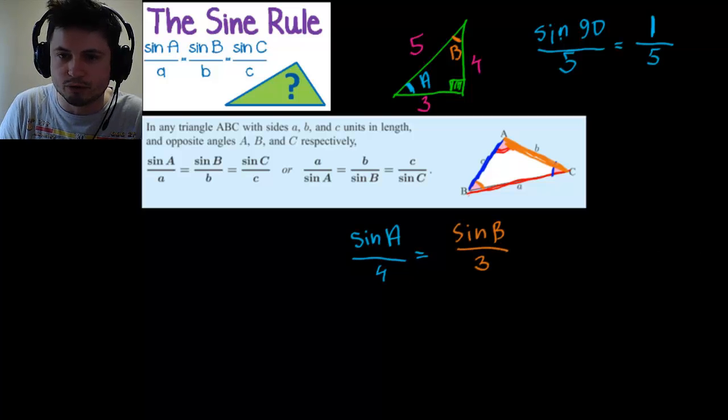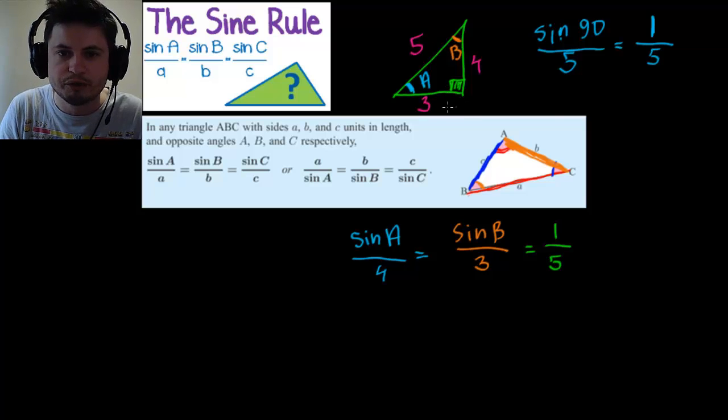And of course, this all has to equal sine of 90 divided by 5, or 1/5. So let's see if this is right. Let's find the sine of these two angles. We don't actually know these angles, and we can use trigonometry to find them.